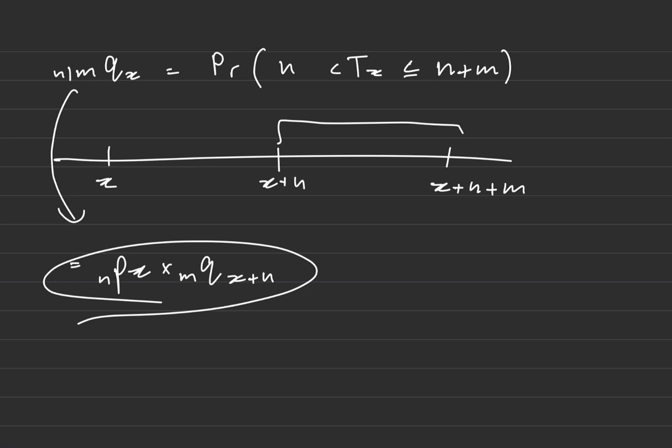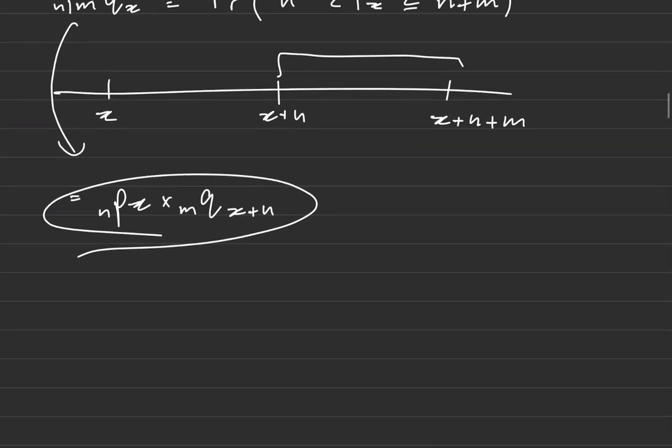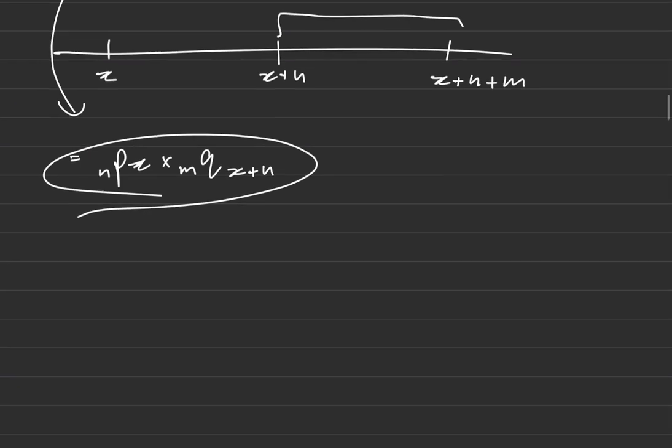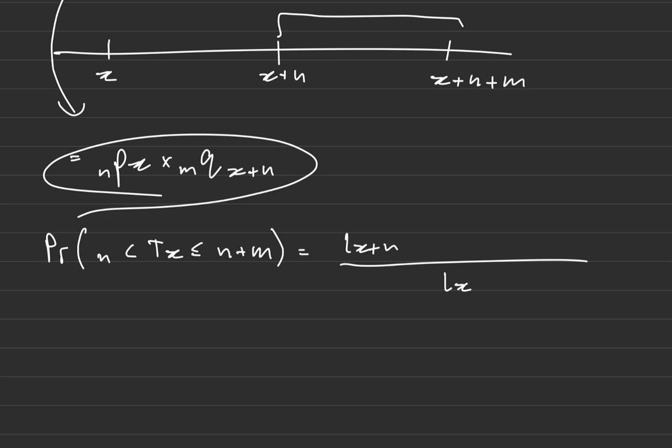Now, we can also arrive at this in other ways, so I'll show you in a moment. As I said, the probability that n is less than Tx, less than or equal to n plus m, equals lx plus n minus lx plus n plus m, all over lx. Why is that true?